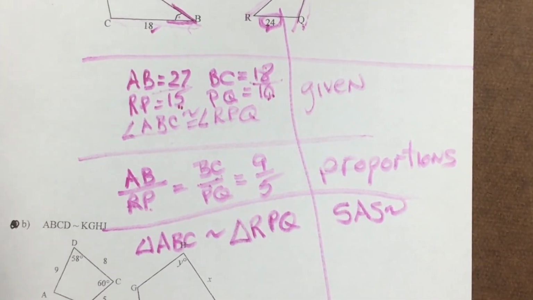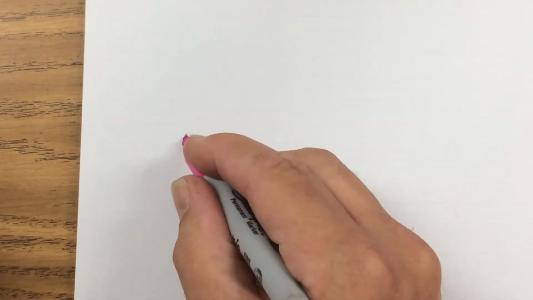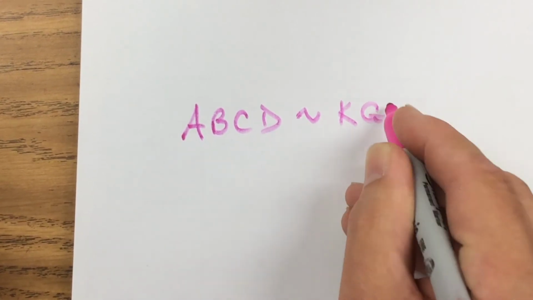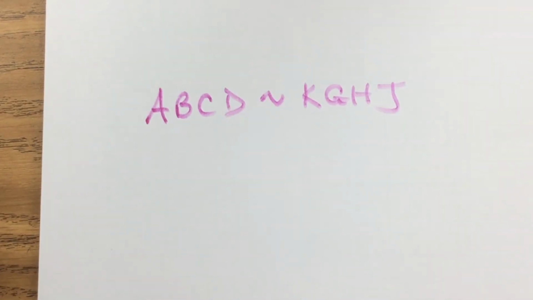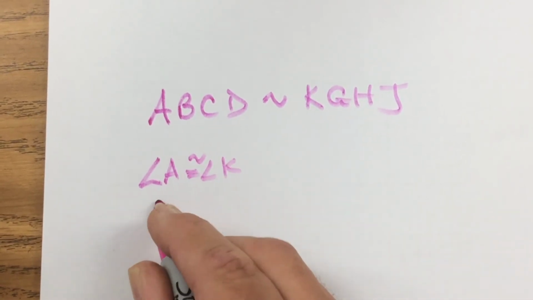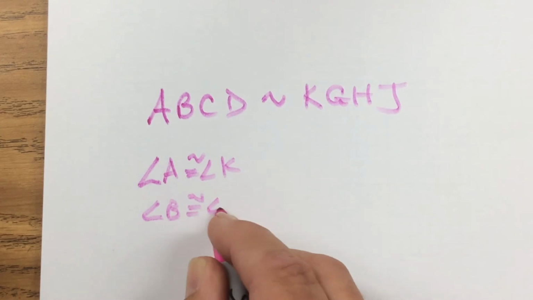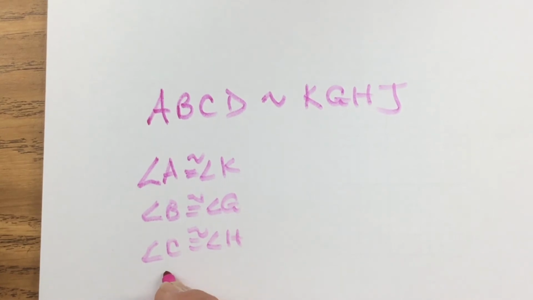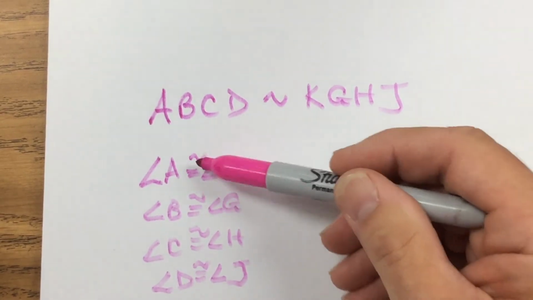Okay? The other part is if you're told that two figures are similar. For example, if you're told that ABCD is similar to KGHJ, here is what you know just based on this statement. I know that angle A is congruent to angle K. Angle B is congruent to angle G. Angle C is congruent to angle H, and angle D is congruent to angle J, and I know that because that's the order they came in.